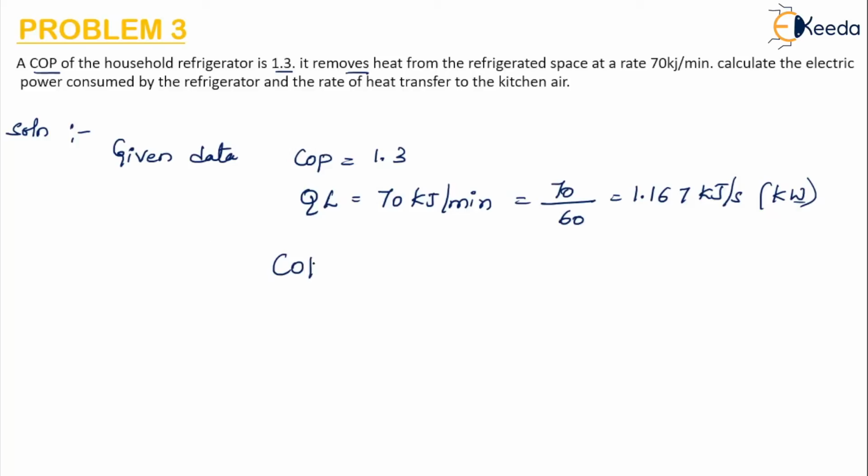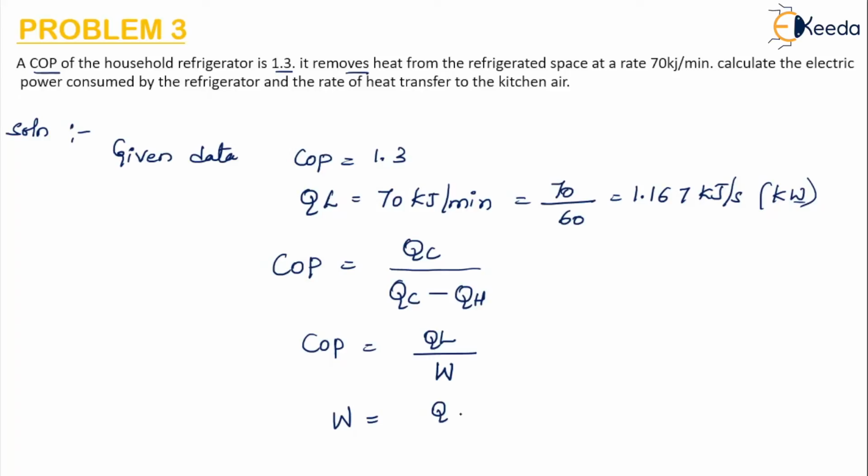Now COP is QC, that is the heat rate at cold, divided by the difference between the hot heat rate and the cold heat rate. So you can write this COP as QL divided by W. Now to calculate the power consumed, W is equal to QL divided by COP.